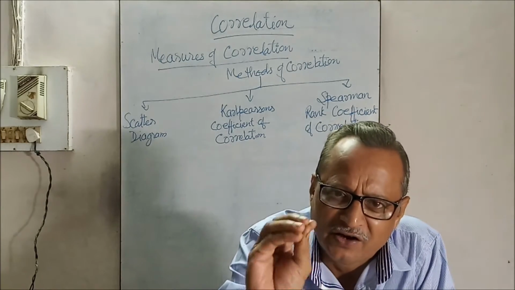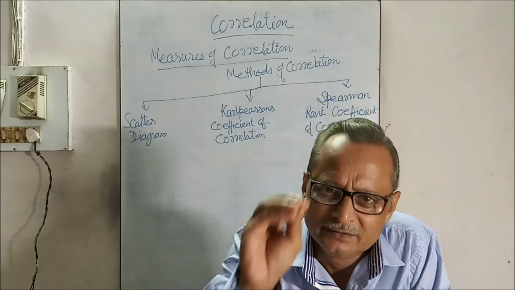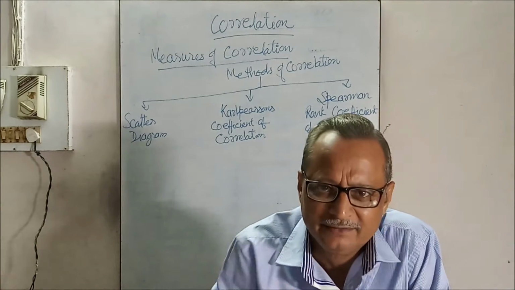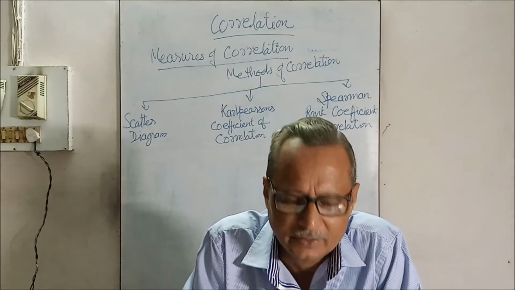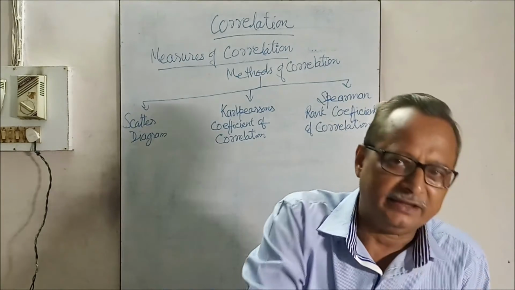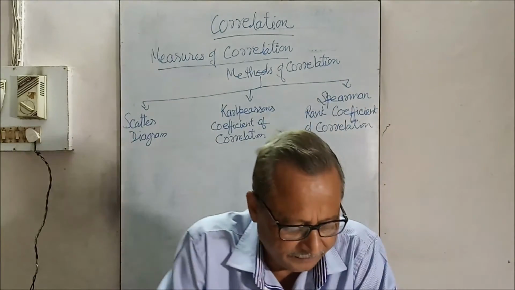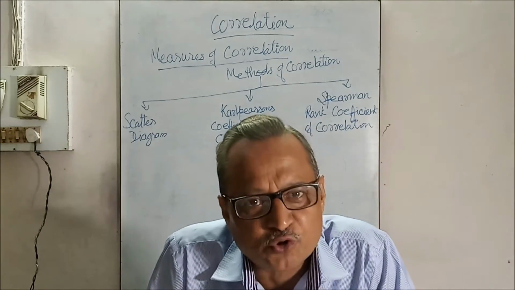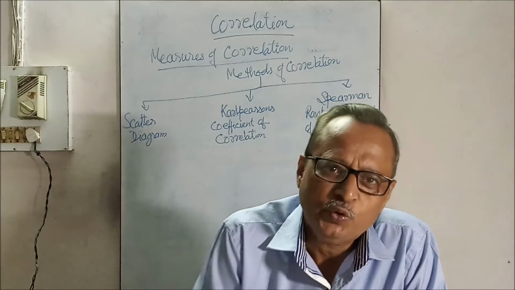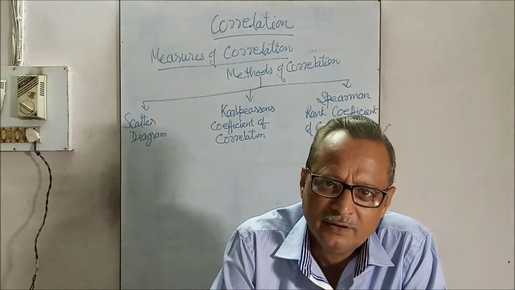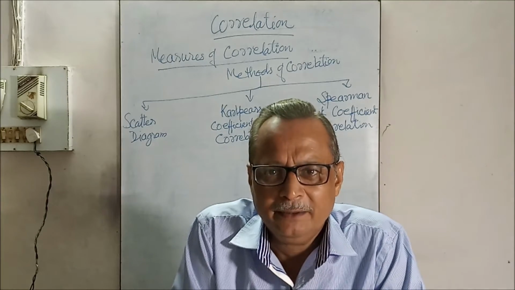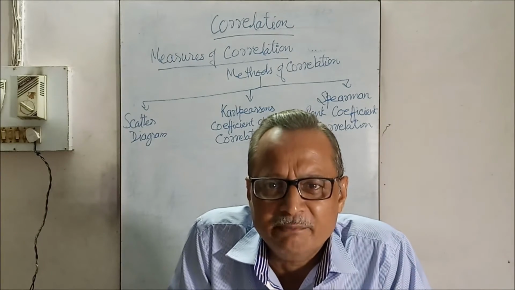What is the extent of the relationship, or how are the two variables related with each other? We study in correlation analysis the degree of correlation, the degree of association of the two variables, and this degree is calculated by using several methods.